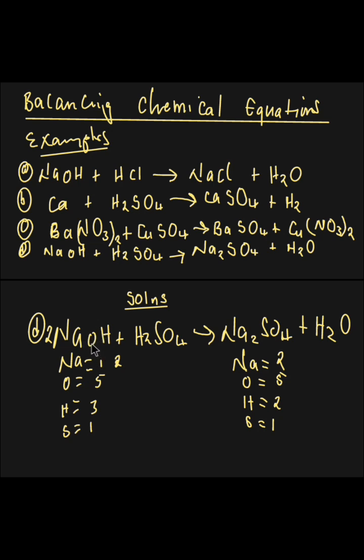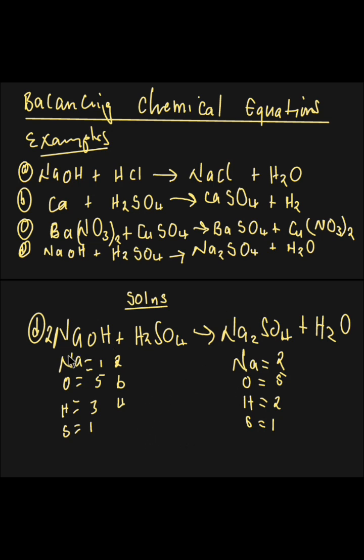So instead of having 5 atoms of oxygen, we are going to have 2 plus 4, which is 6. Then what about hydrogen? Instead of having 3, we are going to now have 2 plus 2, which is 4. Sulfur remains unaffected. Now, is this equation balanced? The answer is no.